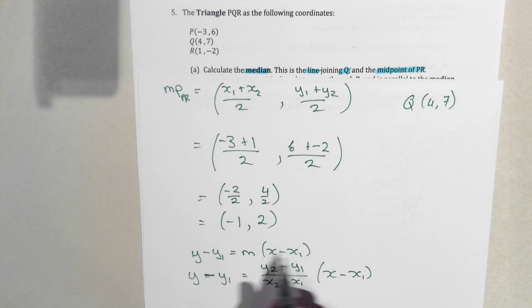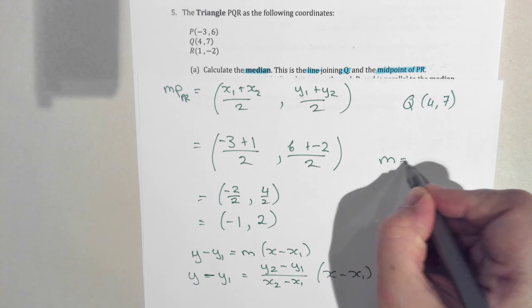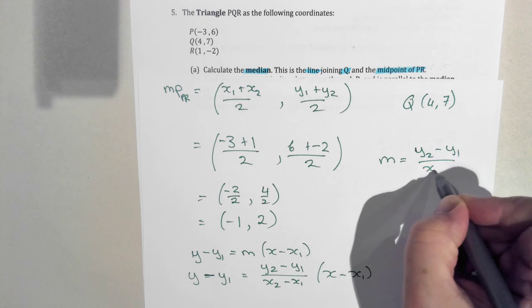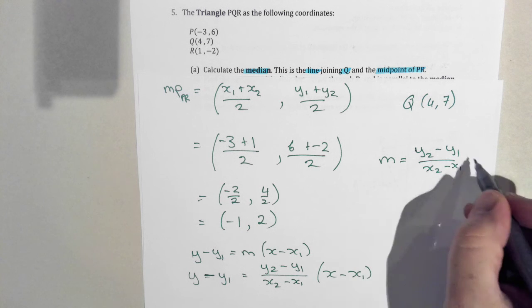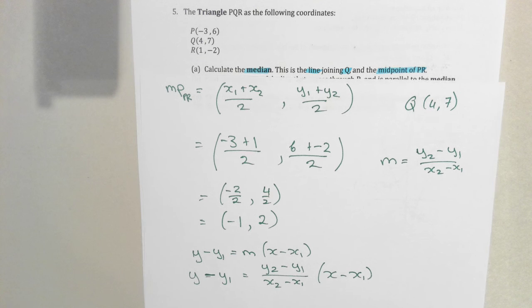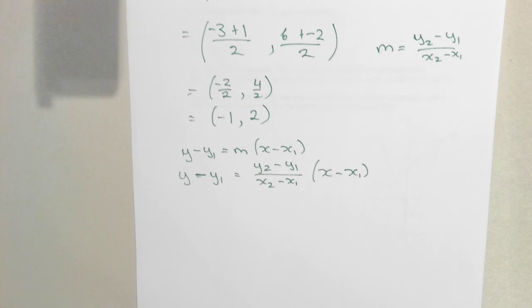Now you can see I've just substituted this all in here. You could do it separately, so you could just separately work out what that gradient is by doing y2 minus y1 over x2 minus x1, work that out separately and just substitute it as a value in there. Okay, I'm just choosing to combine it, but you can do it either way. Okay, so let's substitute this stuff in.